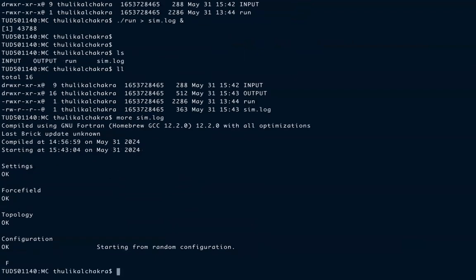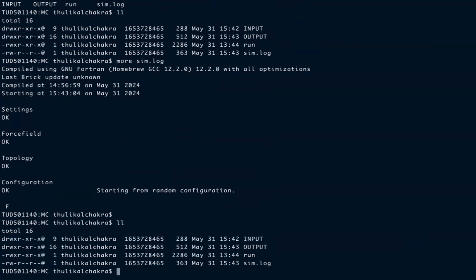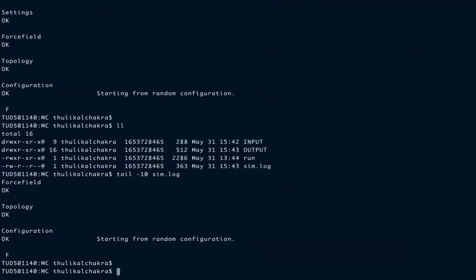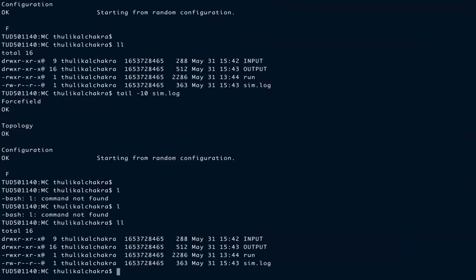Now, it's important to note that the sim.log file always tells you whether the simulation is running or whether it has abruptly ended. So it is good to check this simulation.log from time to time to ensure that your simulation is progressing as planned.